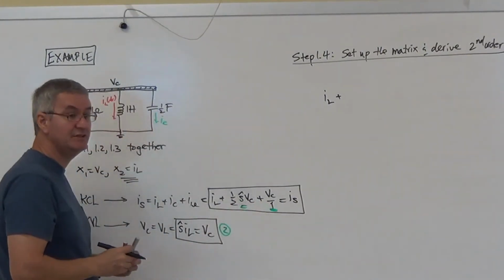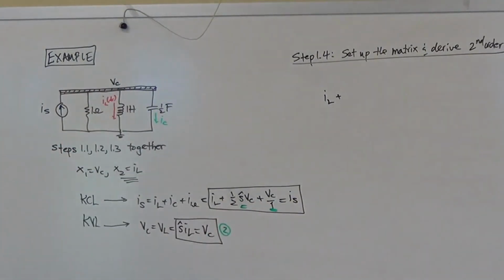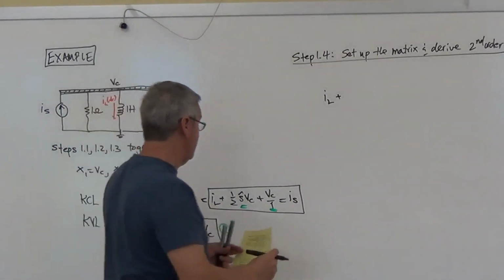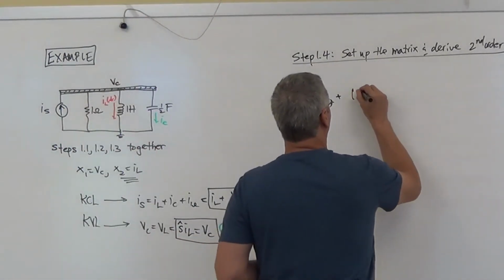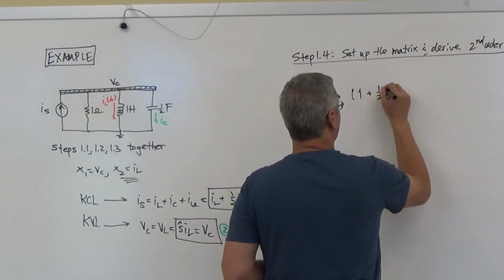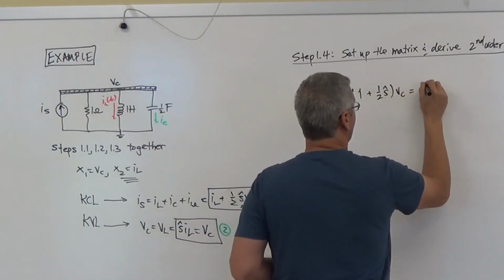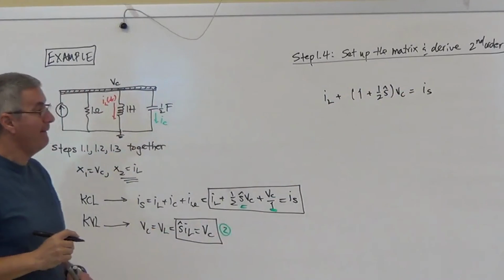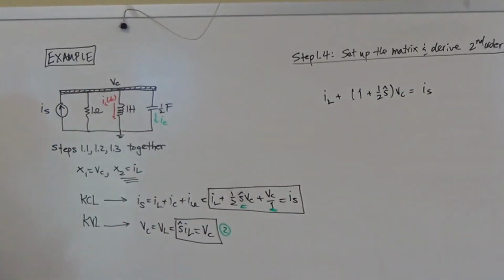There's my 2 VC terms right there. If I combine them, it's got to be 1 plus 1/2 S hat VC equals IS. So there, I set it up with IL and VC.